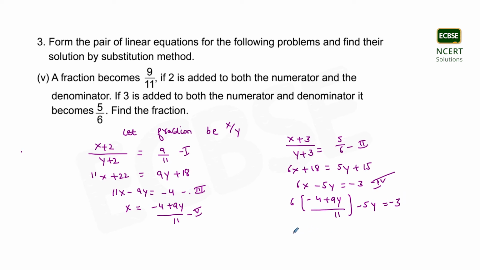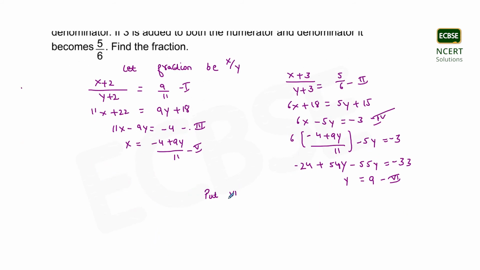Solving it, what we will get is minus 24 plus 54y minus 55y is equal to minus 33. So solving it, the value of y comes out to be equal to 9. Now substitute this value of y in fifth, that is, put sixth in fifth.